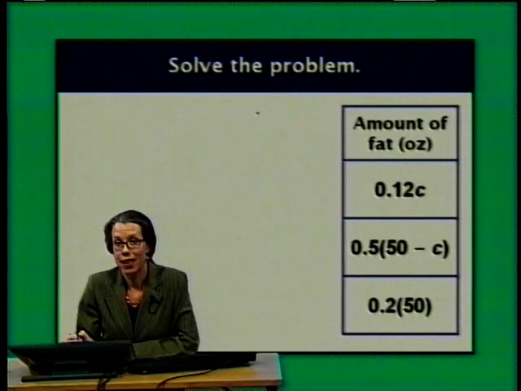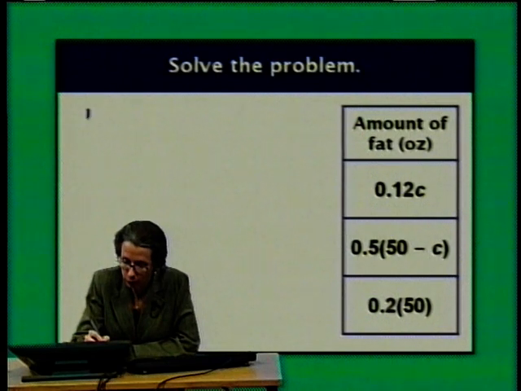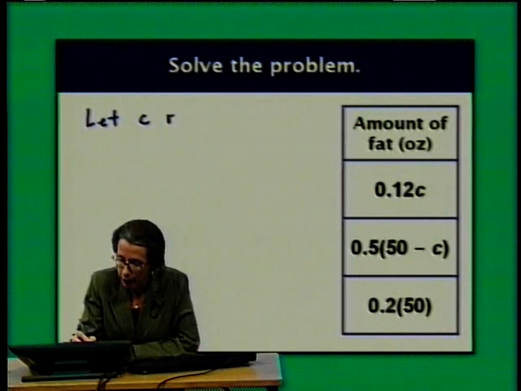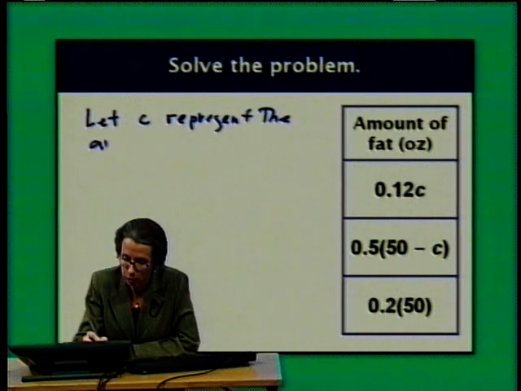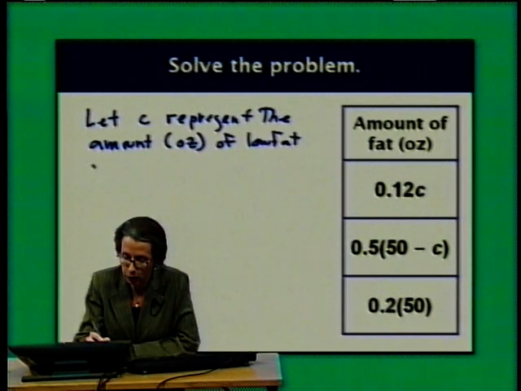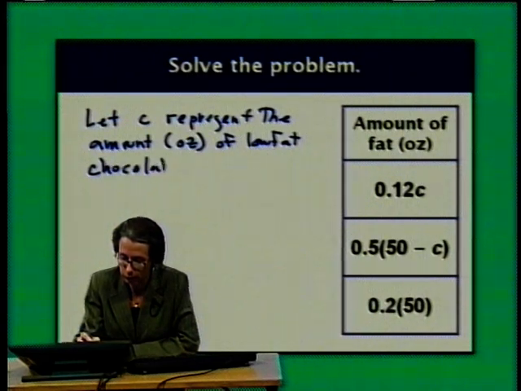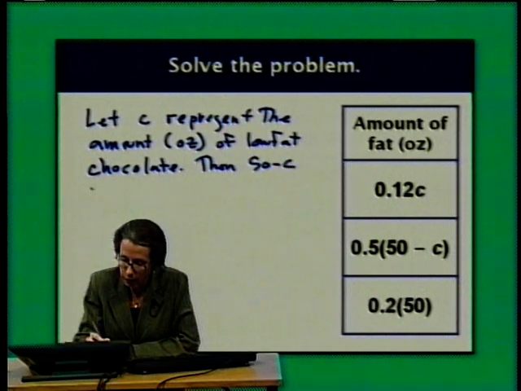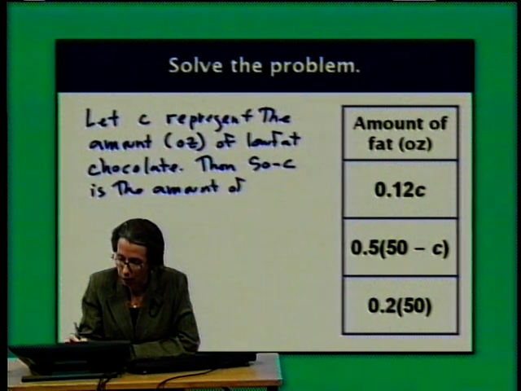So now I'm just going to write out a solution rather quickly, from start to finish. So I'm going to let C represent the amount, and we're measuring amounts in this problem in ounces, of low-fat chocolate. Then 50 minus C is the amount of high-fat, maybe good chocolate.